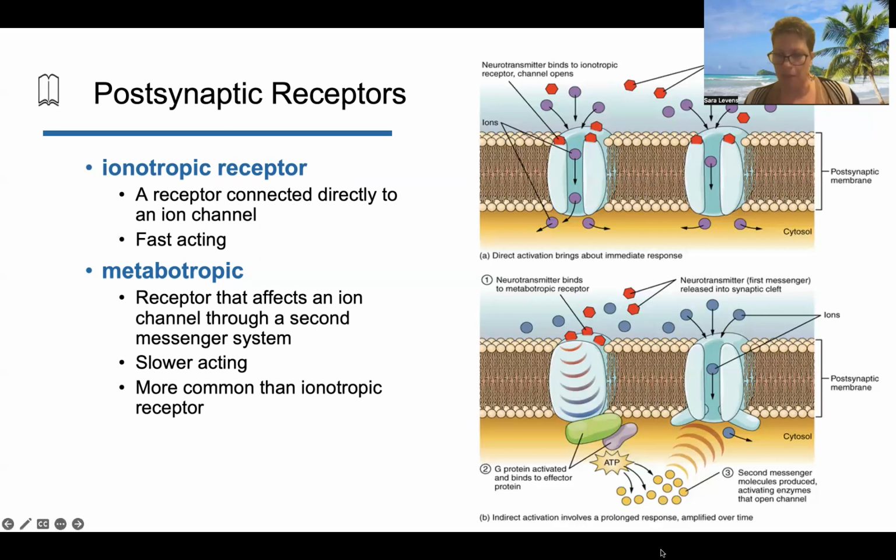And for the second messenger, the G protein is activated and binds to the effector protein. The ATP creates these smaller molecules, which could be other types of enzymes or anything that have a range of effects on these other types of proteins.